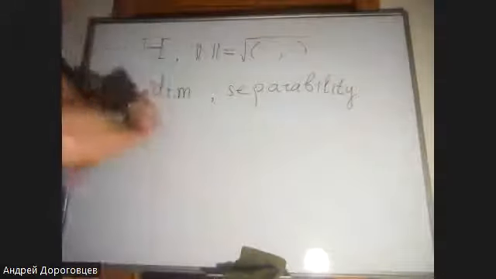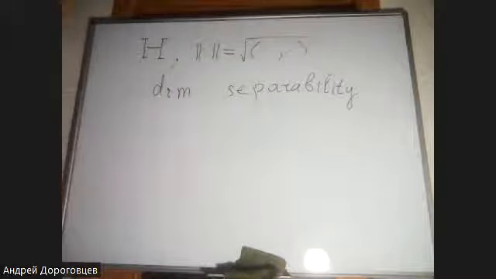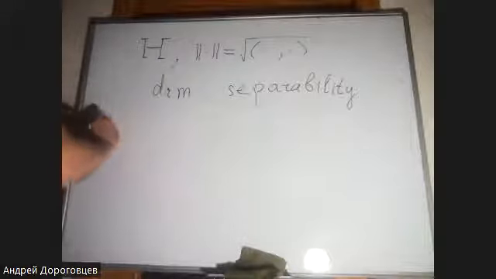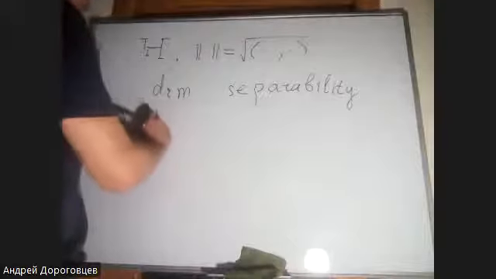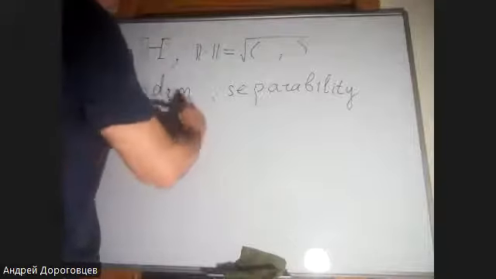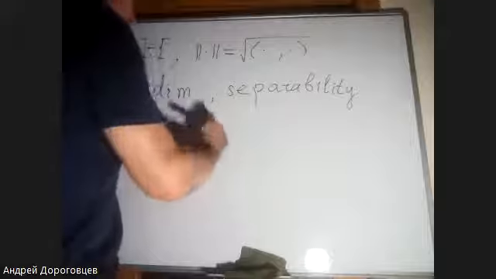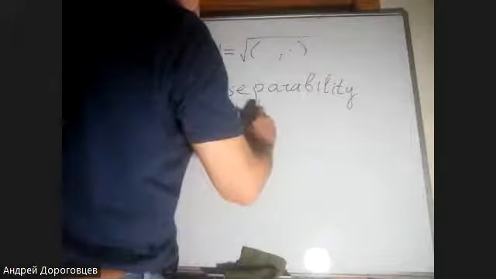Last time we discussed what happens if the space has a finite dimension. So we considered a case when the linear dimension of H is less than infinity.